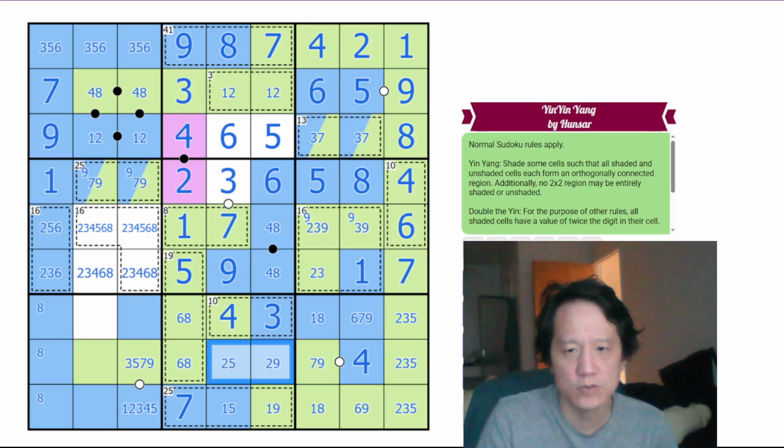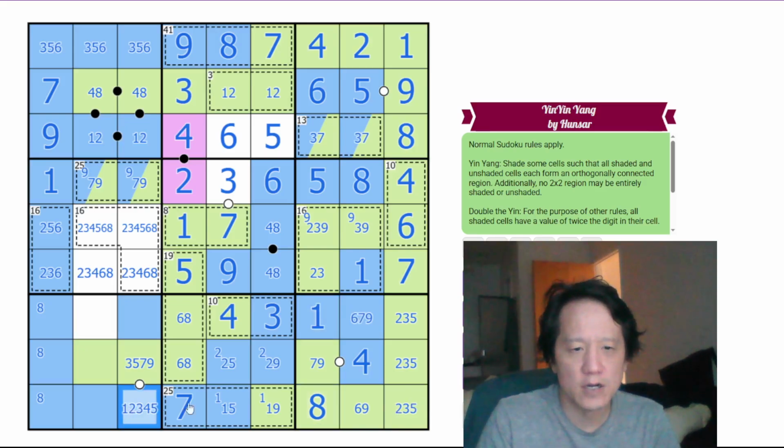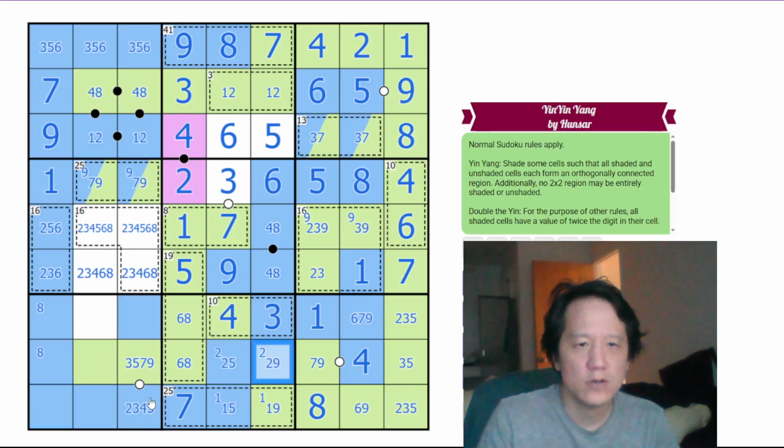This is 2. 1 has to be here, which means this can't be 1. This is 8, which forces this to be 1. This can't be 1 either. This 2 eliminates 2 here. 8 cannot be here anymore. 4 has to be one of these 3 digits.